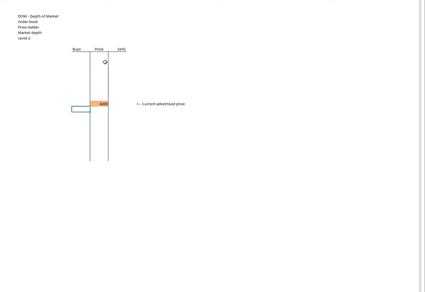All right, so when you open a DOM, you're going to get two things. You're going to have the buyers that are lined up on the left and the sellers that are lined up on the right. So I'm going to just populate this with some numbers that I'm just plucking out of thin air. All right, and so what we're looking at now is we've got price here in the middle, and we've got our buyers and our sellers lined up.